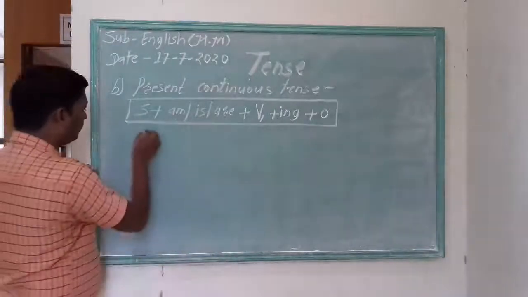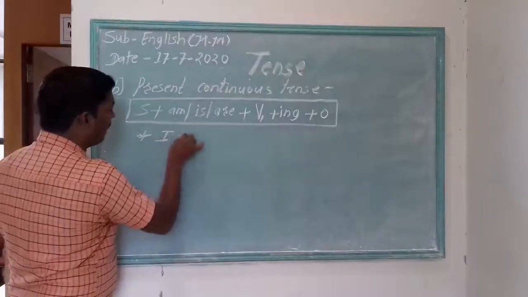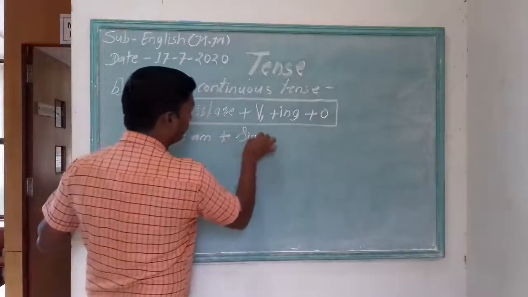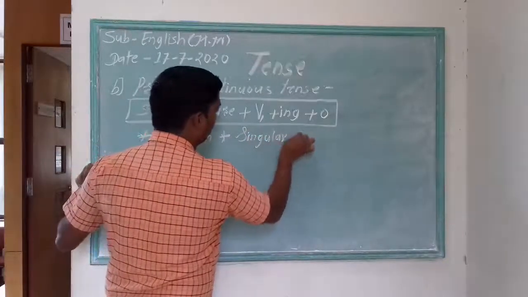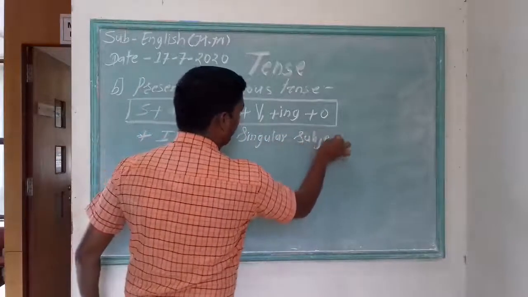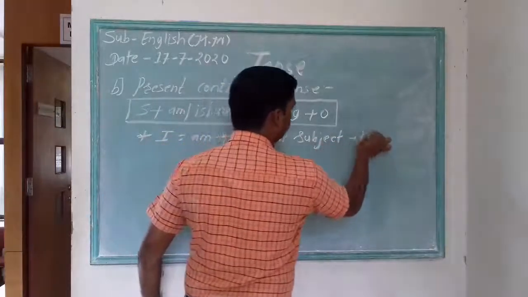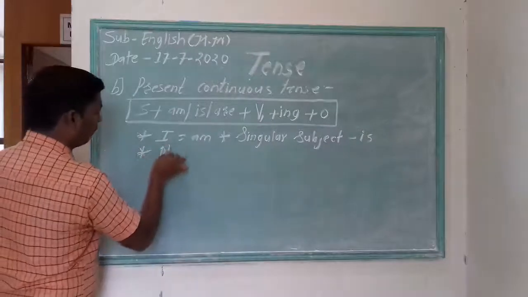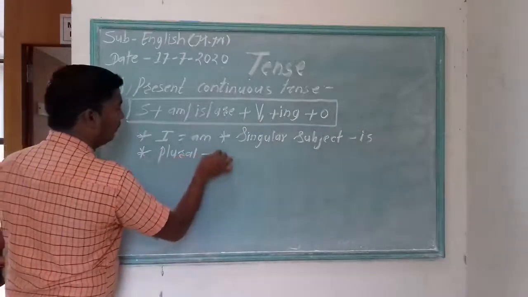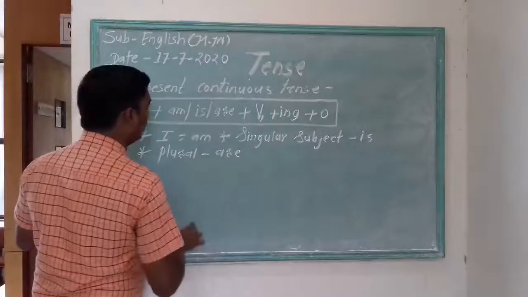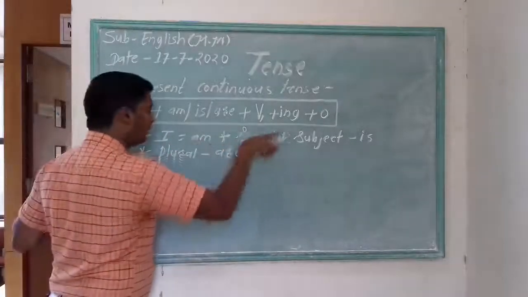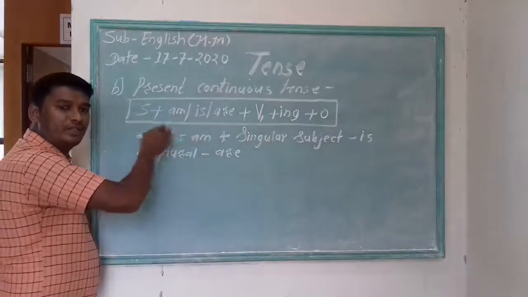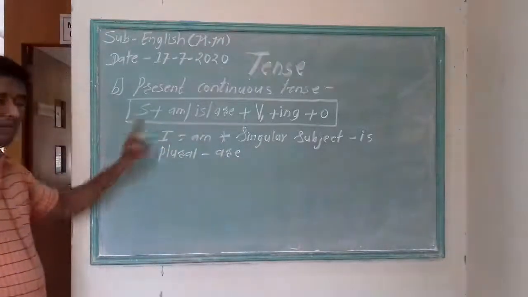So I write here: we take am after I, is after singular subject, and are after plural. These are the basic concepts regarding the use of auxiliary verbs.